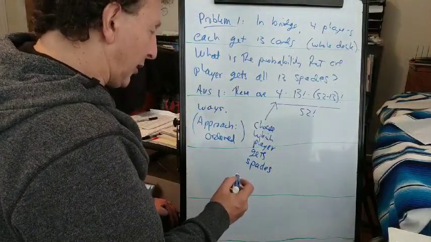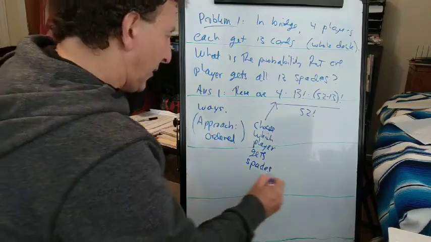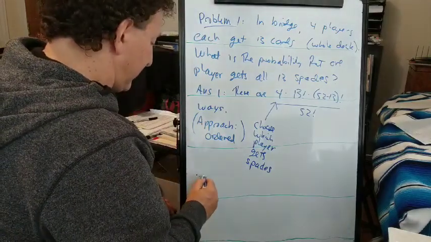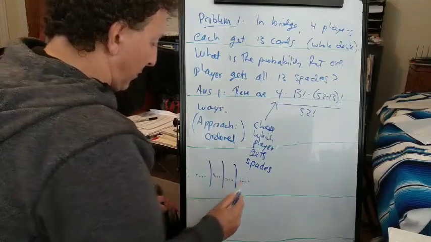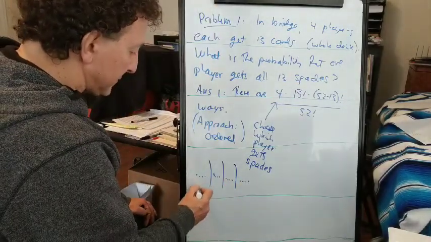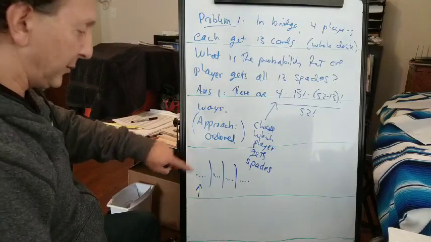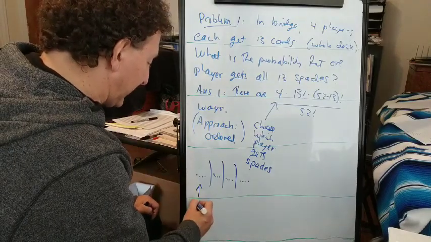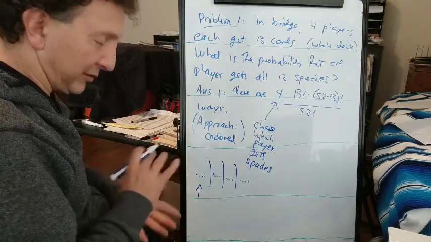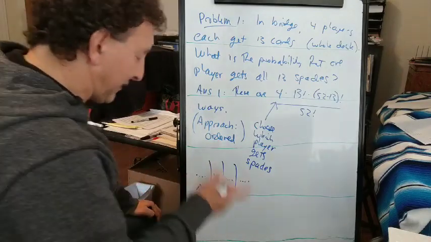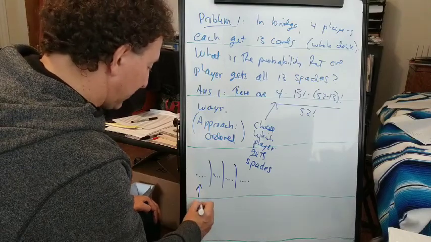And then let's say this is the spades player. I'm thinking of giving this player the 13 spades in order, so one of the 13 factorial possible orders.